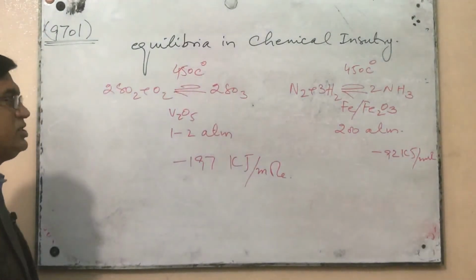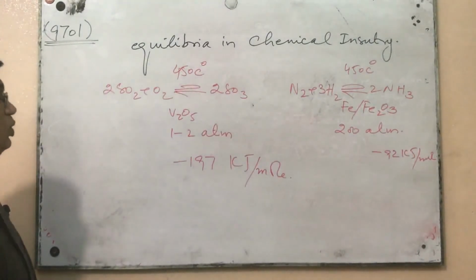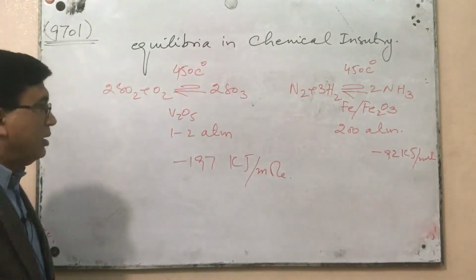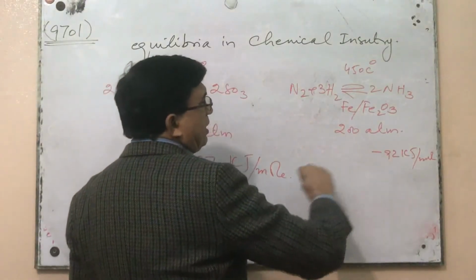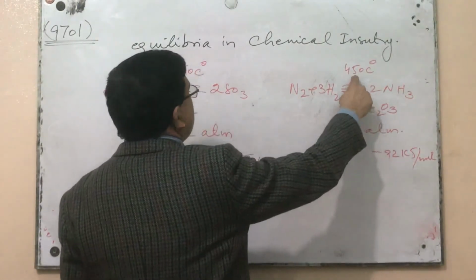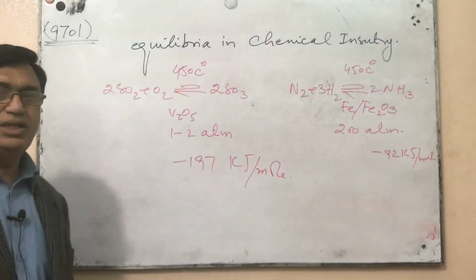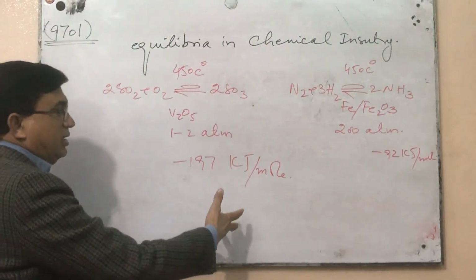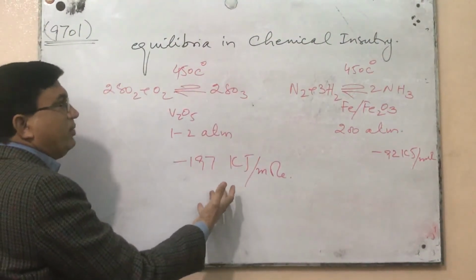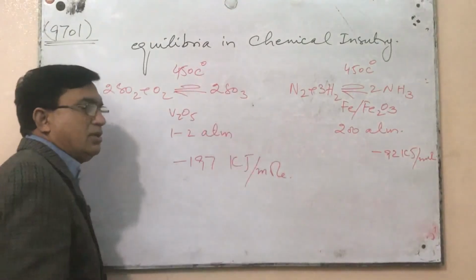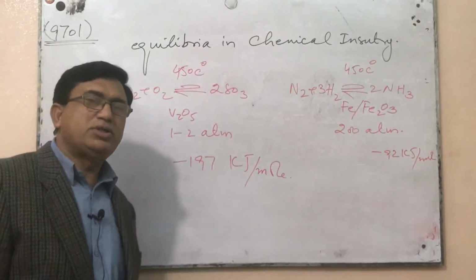The most important feature is the compromise over temperature. Now, both these reactions are exothermic, but in both these reactions we increase the temperature to 450 degrees centigrade. Why? We compromise here. Low temperature of the surroundings will favor the forward direction, producing 100% yield.